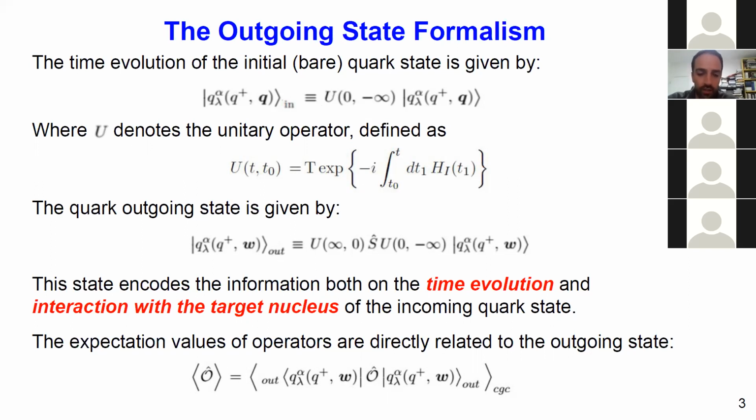Once we have this state, we can find any expectation value directly by the relation that you can find at the bottom of the slide. We just have to plug in the operator whose expectation value we are interested in, and then we have any interesting physical observable, a cross section or whatever you want.